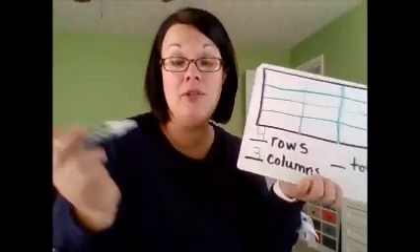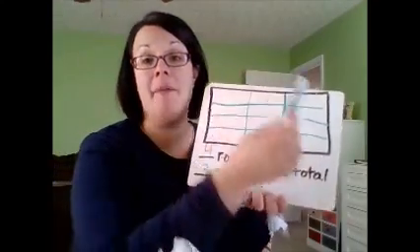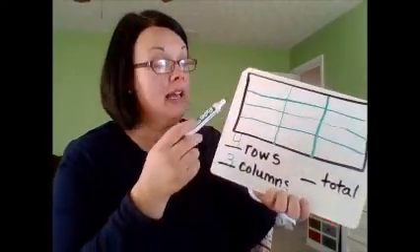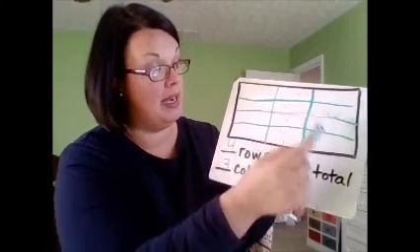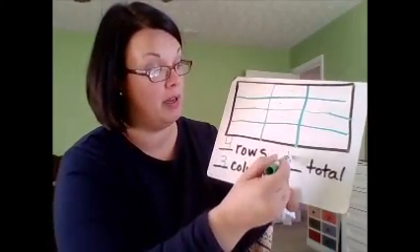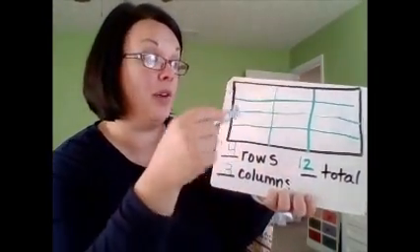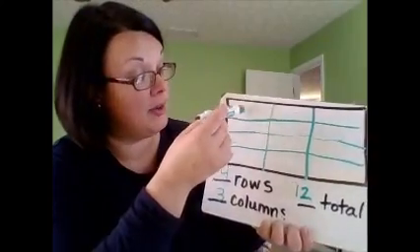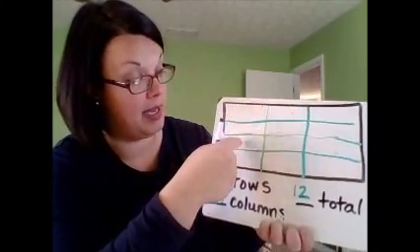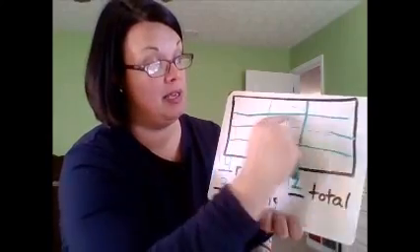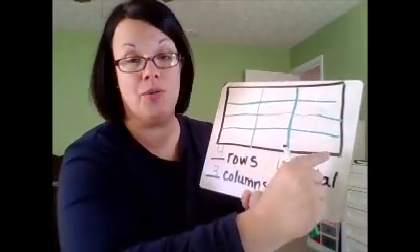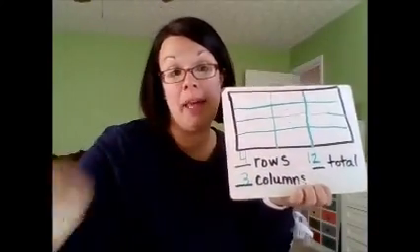Now all I have to do is total them up to find out how many squares I have. 1, 2, 3, 4, 5, 6, 7, 8, 9, 10, 11, 12. You can also find that the rows and columns are equal, so you can count by 4s, or you could go this way and count by 3s. 3, 6, 9, 12. Okay, so that was playing with a number cube.